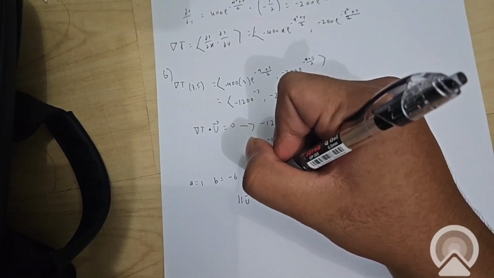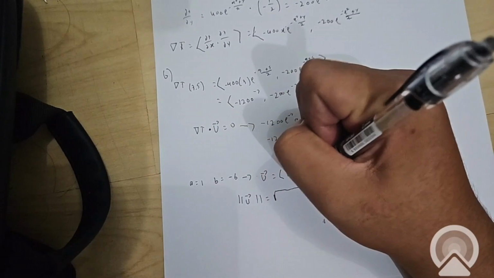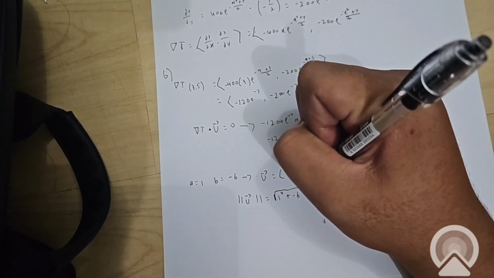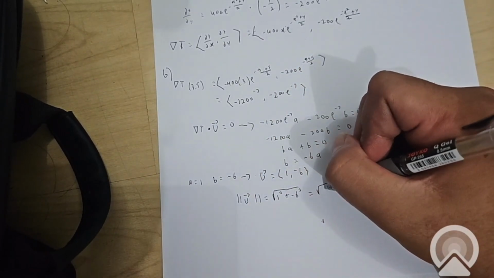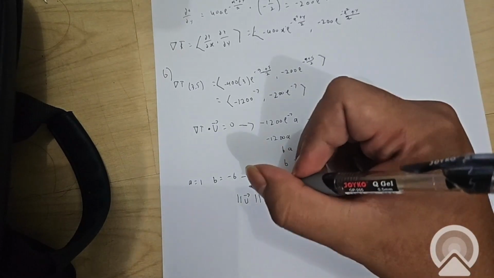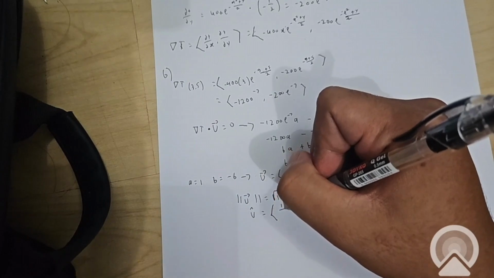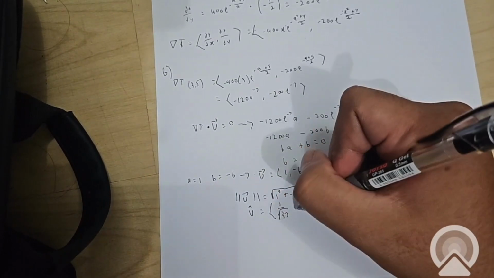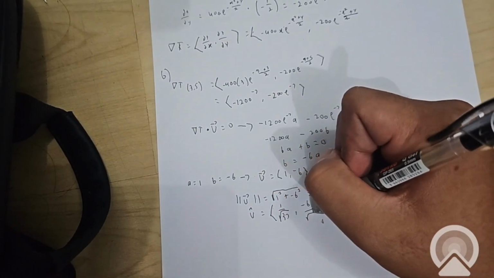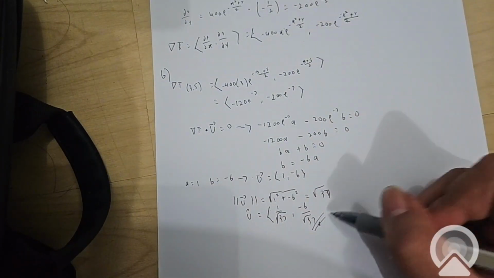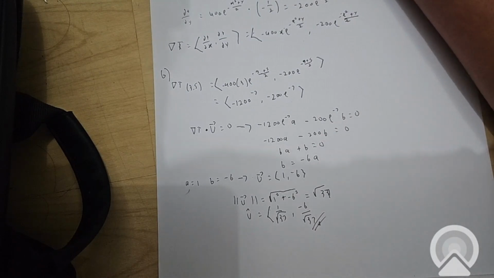So the magnitude of u is equal to square root of 1 squared plus minus 6 squared, which is square root of 37. So the unit vector u is equal to (1 over square root of 37, minus 6 over square root of 37). So here is the answer. Thank you.